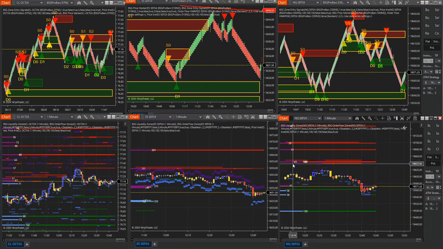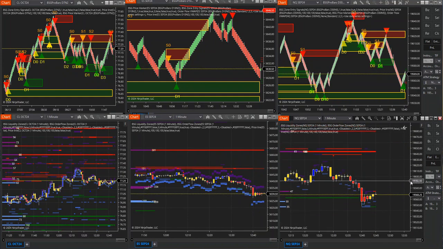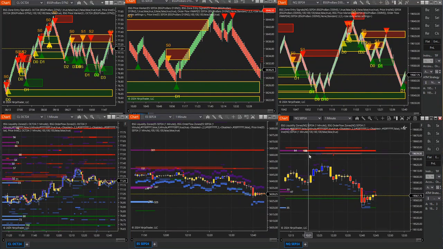But for now, the biggest control is right here. Right here you can see 109. I think it's overlapping, but you can see it. Maybe if you zoom it out, you can see. That is the seller's control right here.